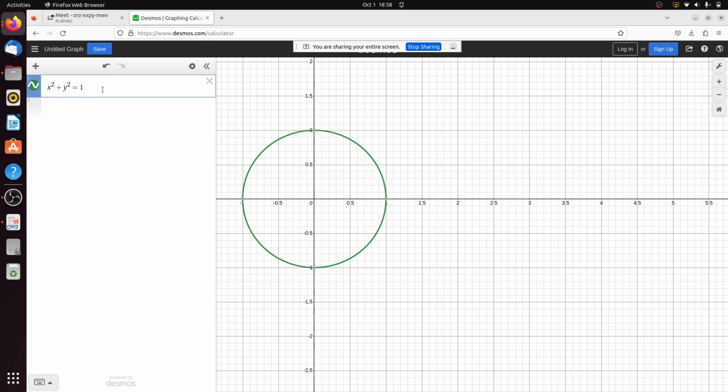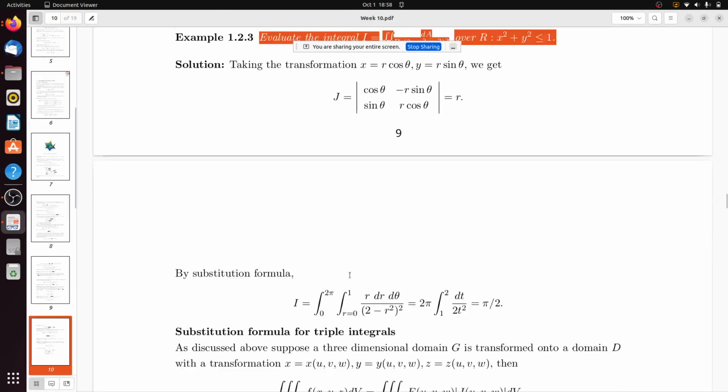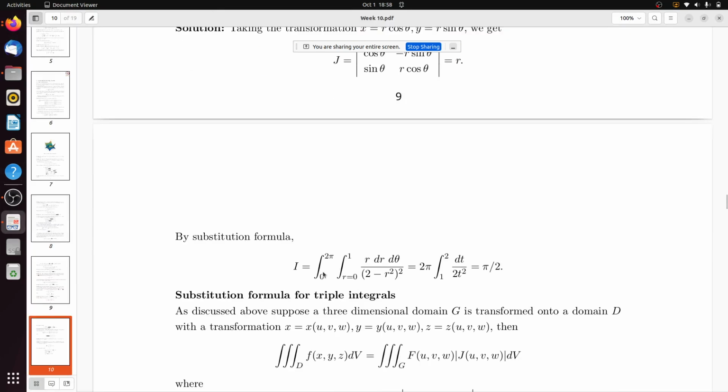Now if you put r equal to 1, you will also get the same circle. So r varies from 0 to 1, and to cover the entire circle you have to rotate theta from 0 to 2 pi. Okay, so that is how you will integrate it.